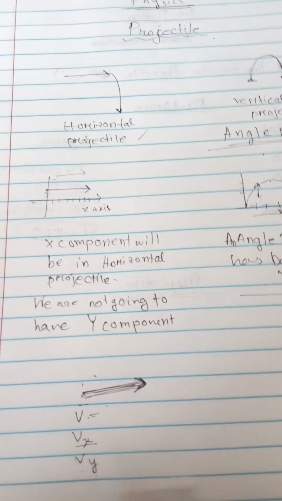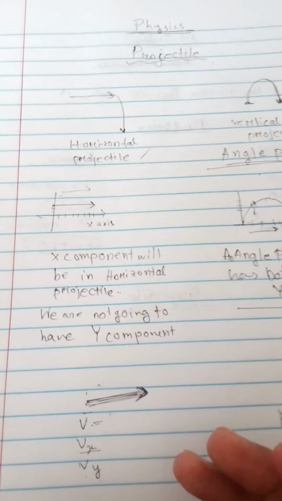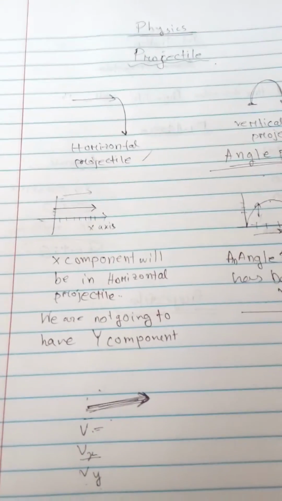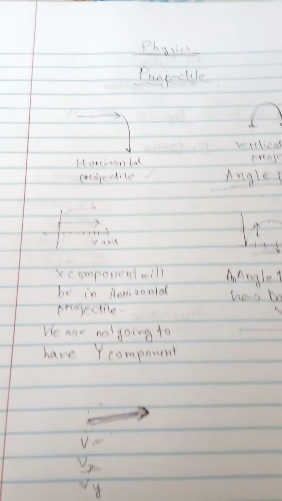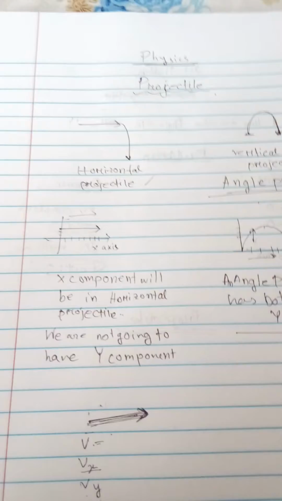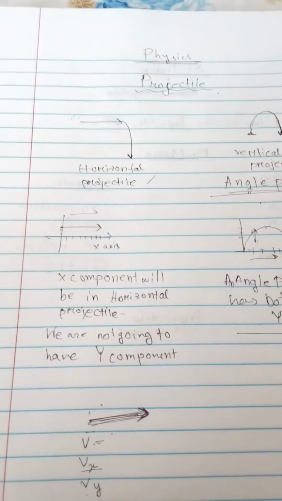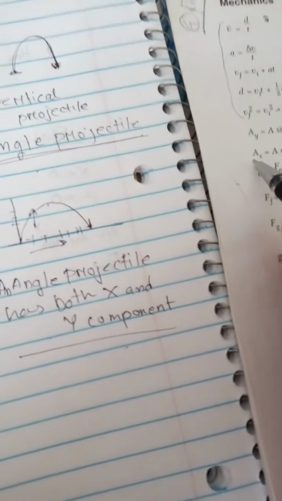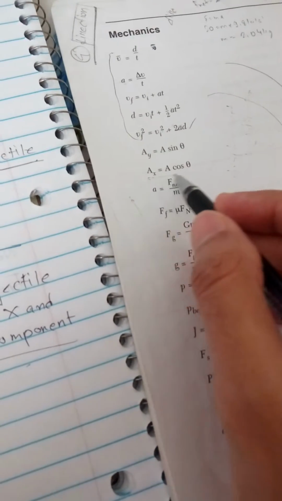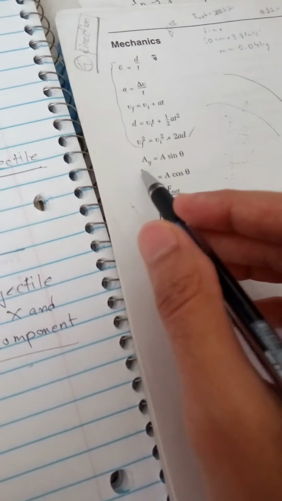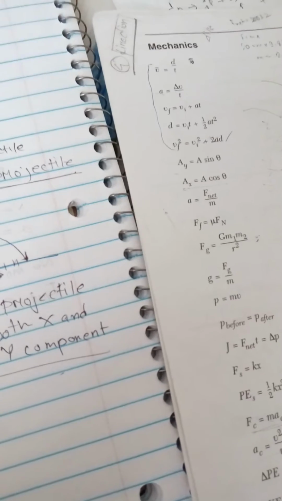From the reference table we can see that there are two kinds of component. One is ax, a cos theta, and one is ay, a sin theta. Why is it cos theta and sin theta?